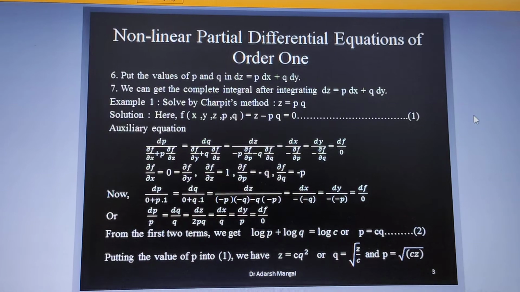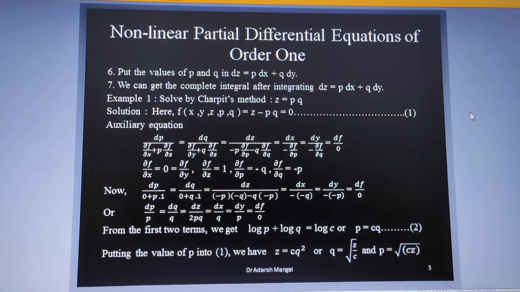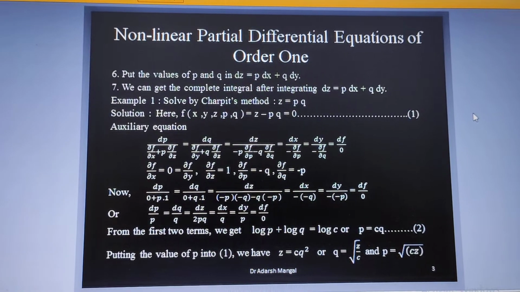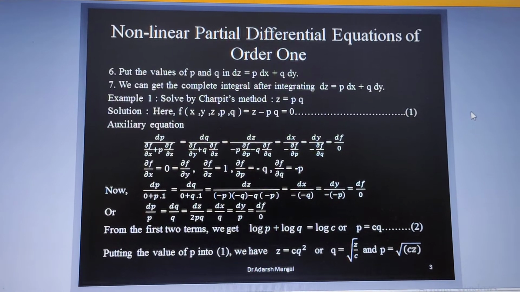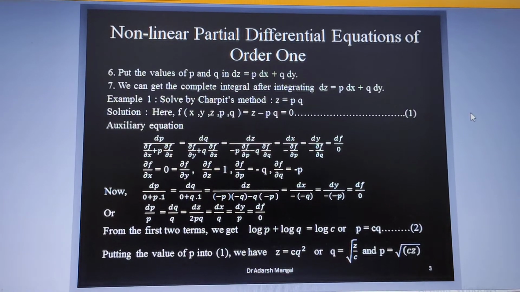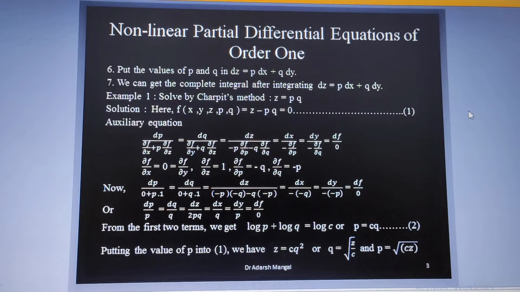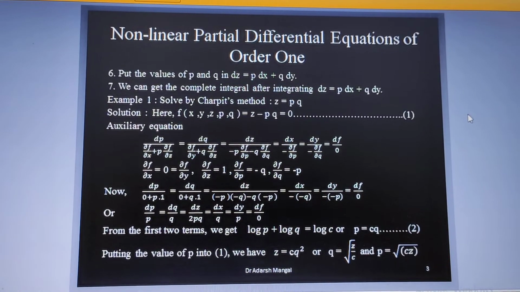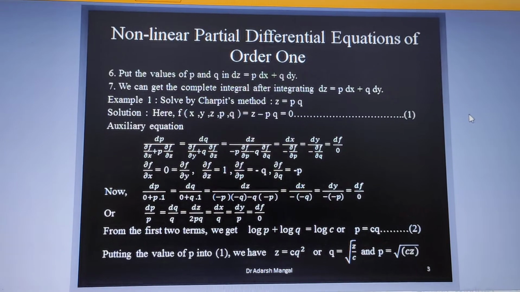Now del f upon del x is 0, del f upon del y is 0, del f upon del z is 1, del f upon del p is minus q, del f upon del q is minus p. Putting all these values into the auxiliary equation, we have dp upon p, dq upon q, dz upon 2pq, dx upon q, dy upon p.